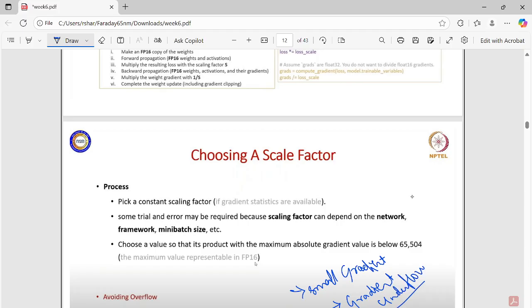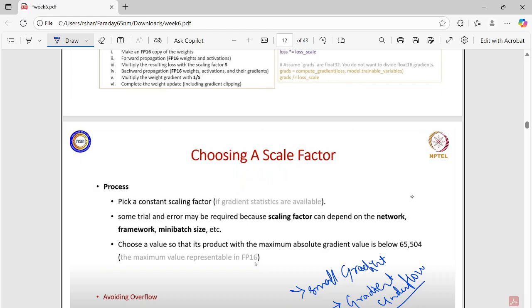Gradient underflow means the gradient is too small to be represented and therefore it becomes zero. It stops learning because of the lost gradient. Whereas a small gradient is tiny but still representable, and training still proceeds normally.